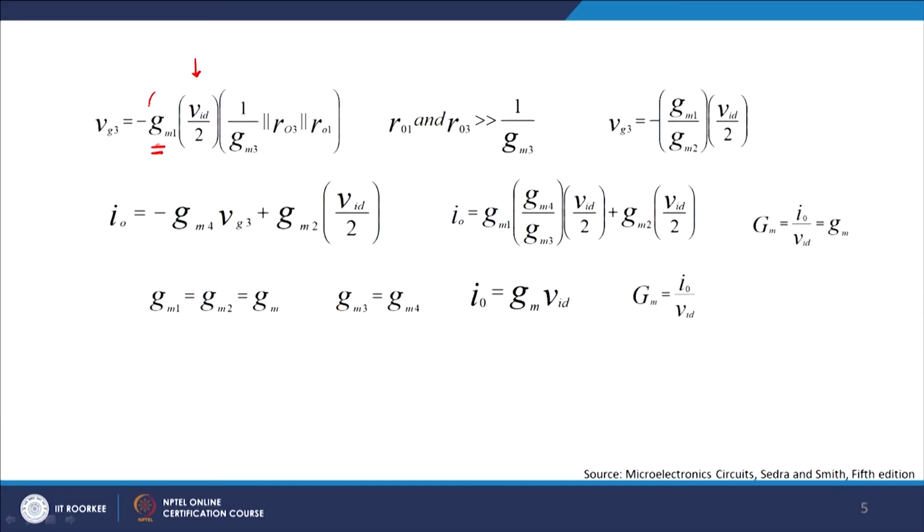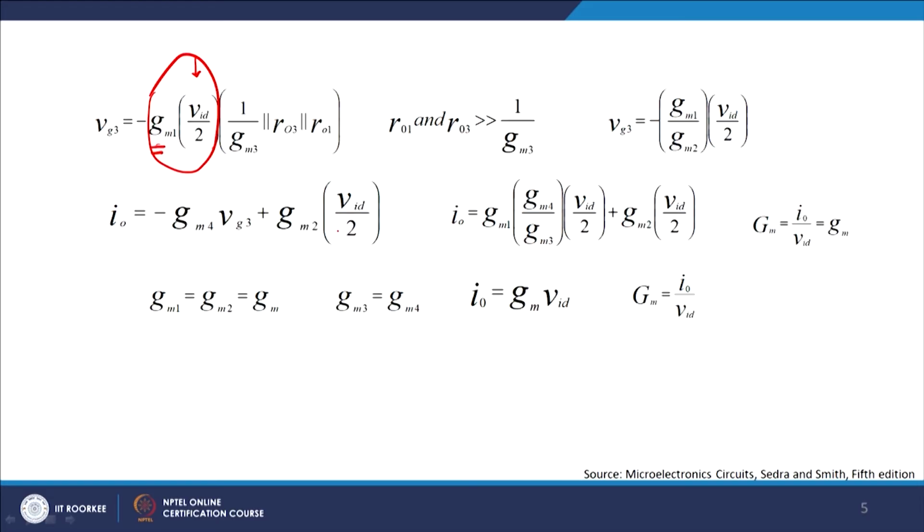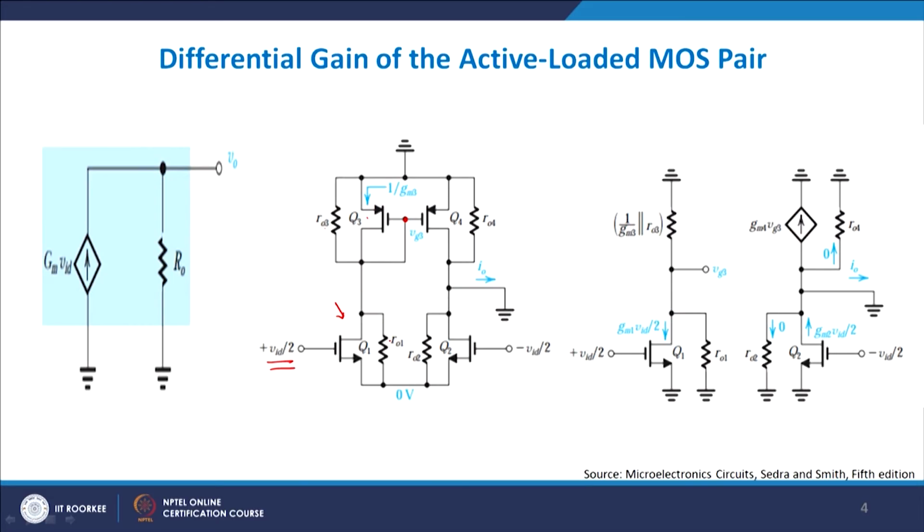So I get gm1 into VID by 2 is the current. If you multiply this with the impedance, that will give you the voltage. What is the impedance? Impedance is nothing but 1 by gm3, and R03 as well as R01, because you see these 3 will be in parallel to each other.